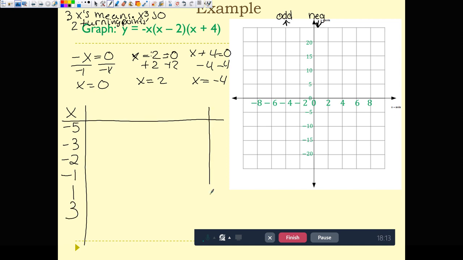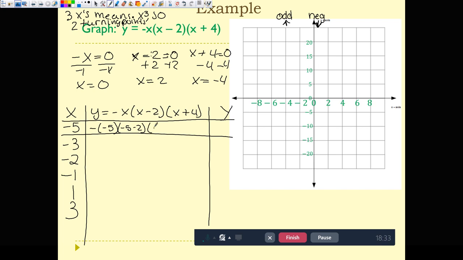And then we have our equation, which is y equals -x, x minus 2, and x plus 4. So I'm going to substitute each one of my x values in and solve for y. So negative times -5, and -5 minus 2, and -5 plus 4, which is going to equal 5 times -7 times -1, which is -35.